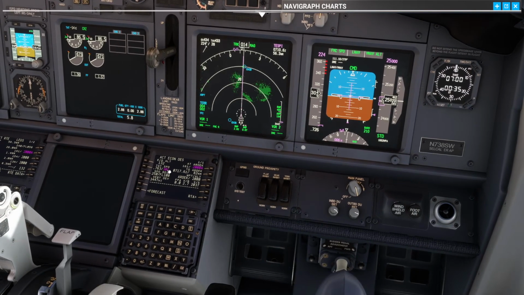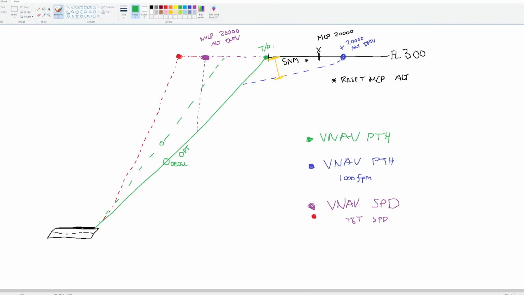If we update our target speed here, let's say 330 knots, see what happens to the deviation here. You see? Just by updating with 30 knots, now we're only deviating 1,831 feet from our descent path. So we just updated our descent path here by using our target descent speed.